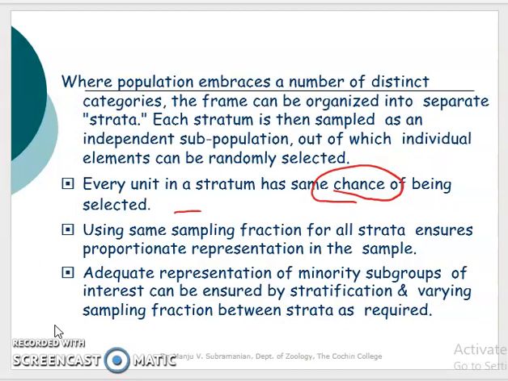So if you divide the population into numerous small subgroups, then the chance of selection of each individual is greater as you increase the subgroups.